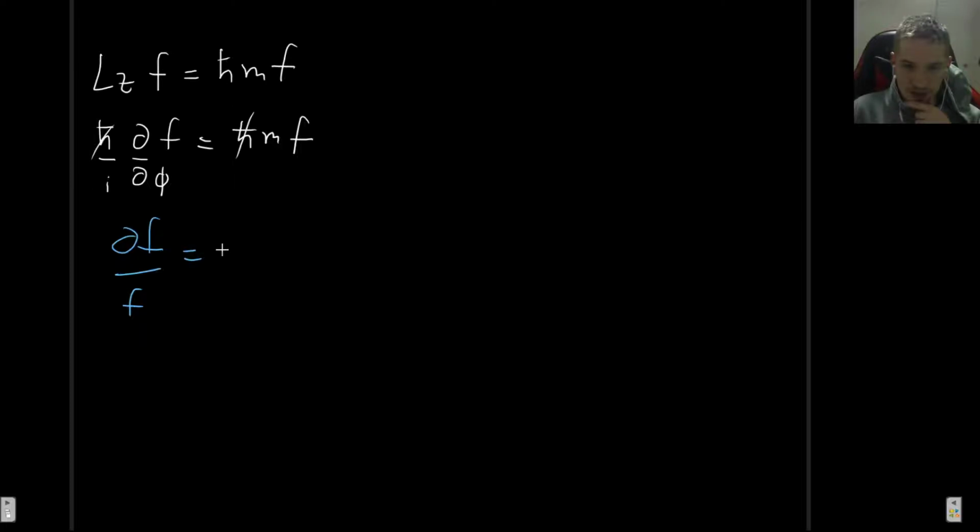So we can now write, instead of this Lz, the explicit form that we just found: h bar over i d phi of f equals h bar m f. Here we can cancel out the h bars, and we can solve this equation by separating the variables. So we get df over f equals i m d phi.